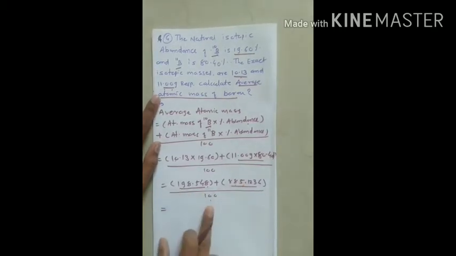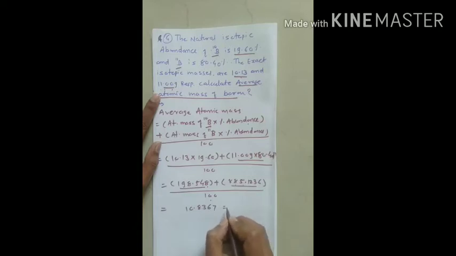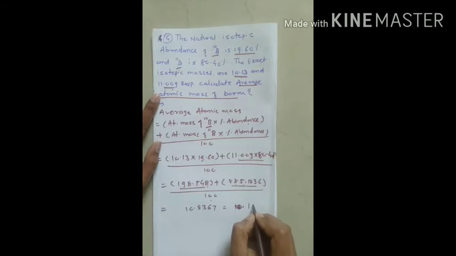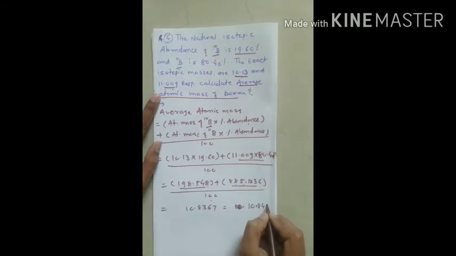If you solve this, you will get the answer as 10.8367, which can be written as 10.84 AMU, or u, the unified atomic mass unit.